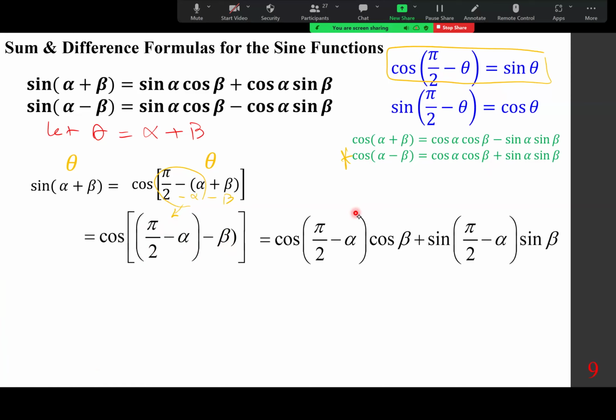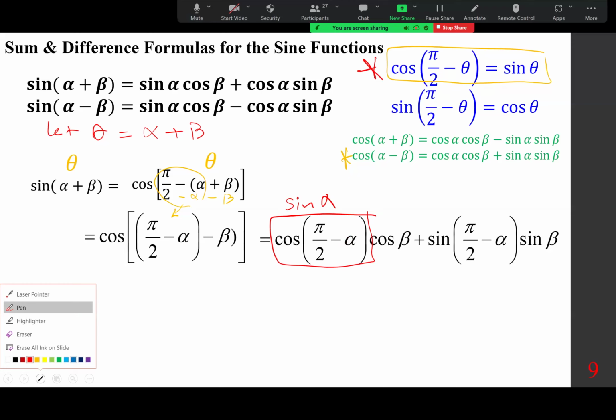Why are we writing it in this format? Because we know cosine of pi over 2 minus alpha is sine alpha. So this is sine alpha.